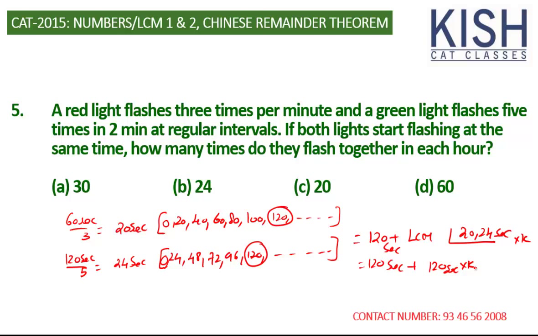So K can take a maximum of 19. So K goes from 0 to 19. So that's 20. That's very easy actually. We just need to take the LCM of the times so that we can find when they occur simultaneously. Let's move to question number 6.